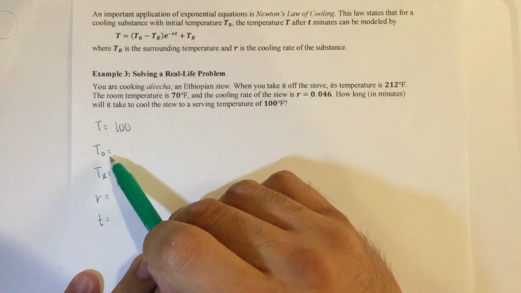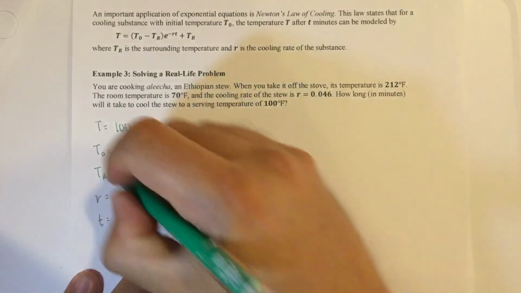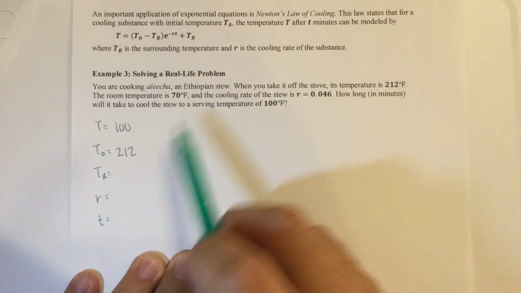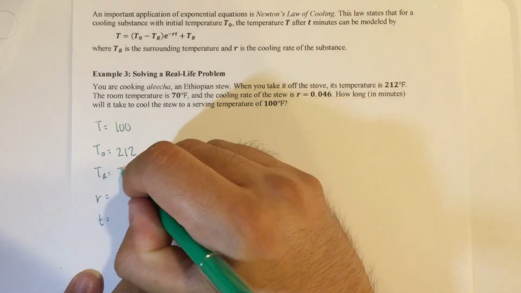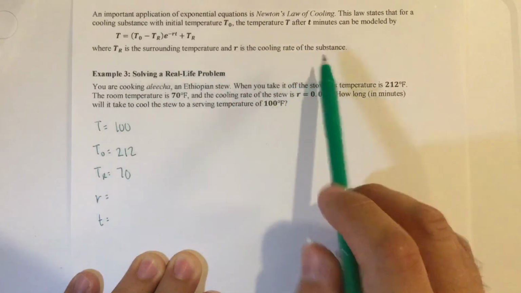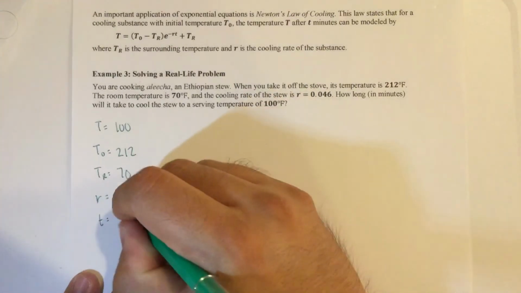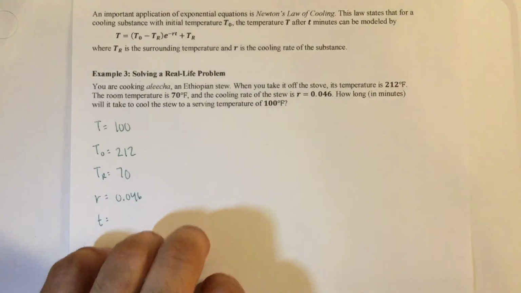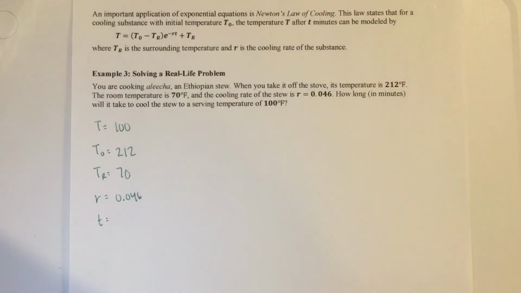The initial temperature was 212 degrees Fahrenheit. T sub r is the room temperature, 70 degrees. r is your cooling rate, which is 0.046. And t is what we're looking for, the time it takes in minutes to get the stew cooled down to a temperature of 100 degrees Fahrenheit.